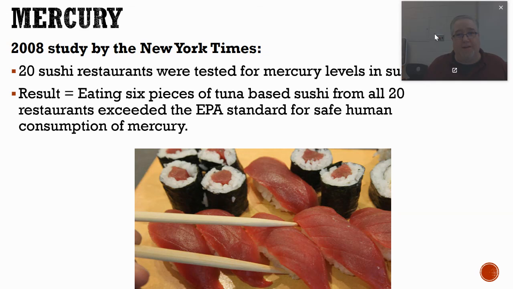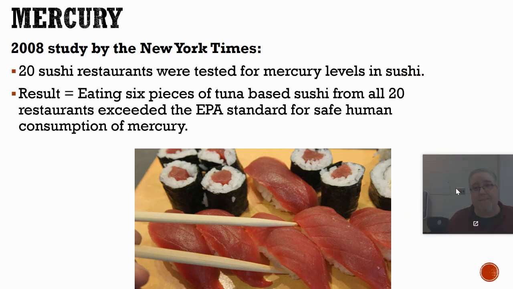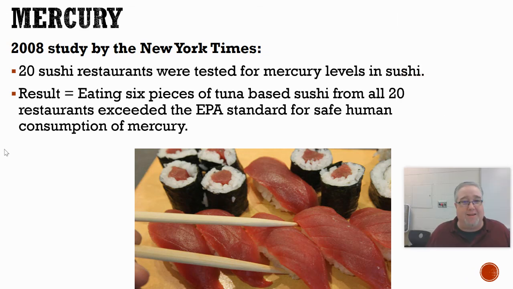There's an interesting study that was done in 2008 by the New York Times. I just want to throw this in here because I think it's kind of interesting. There were 20 sushi restaurants in the city of New York that they tested mercury levels for in the sushi.